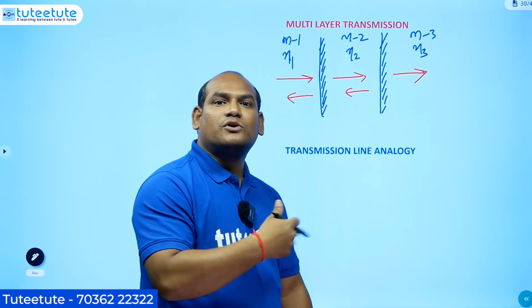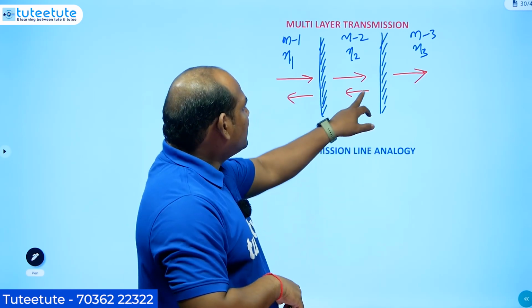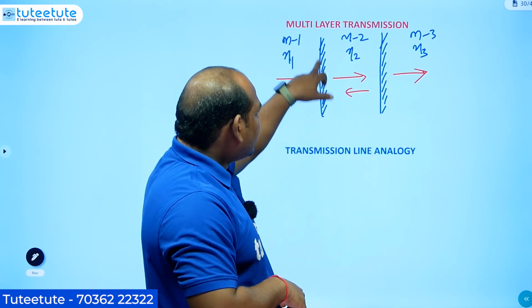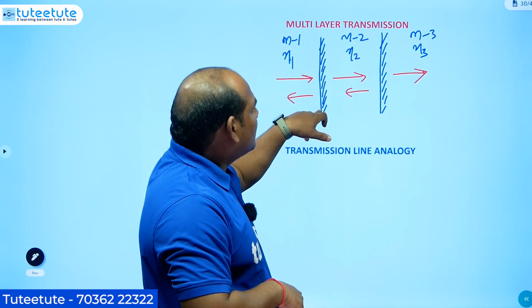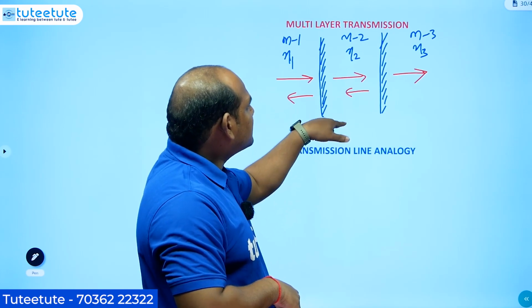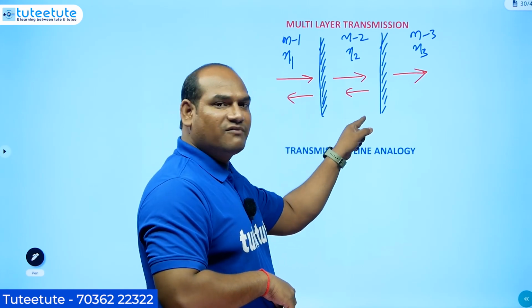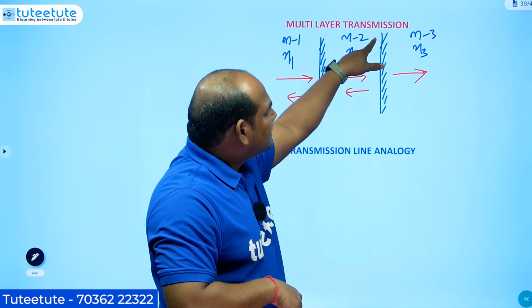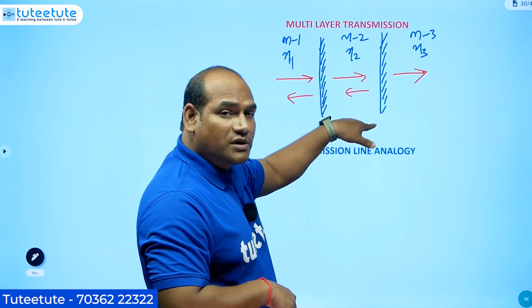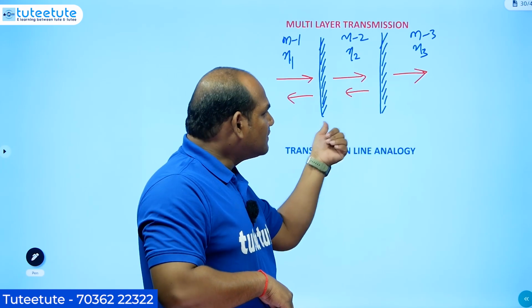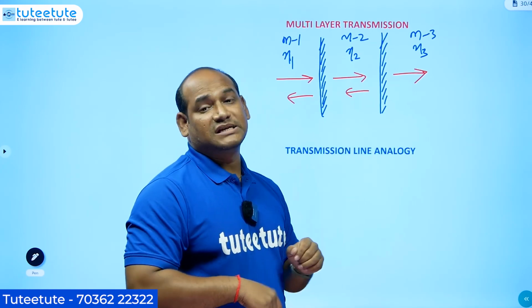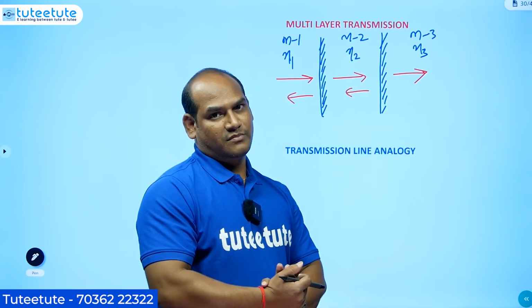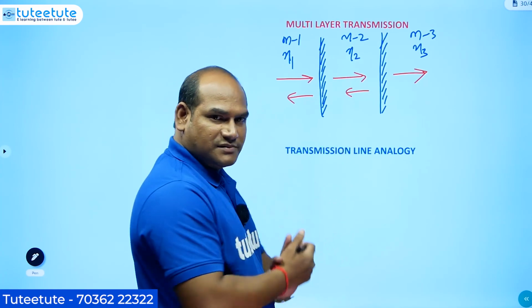And this process will be going on. It comes back and is incident on this boundary again. Again an impedance mismatch is there, something will be transmitted, something will be reflected. This process goes on. Now how to analyze this one?